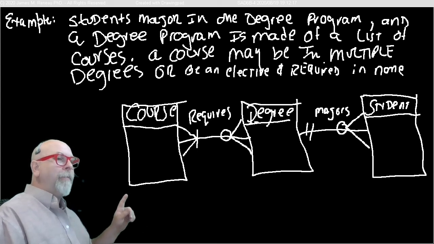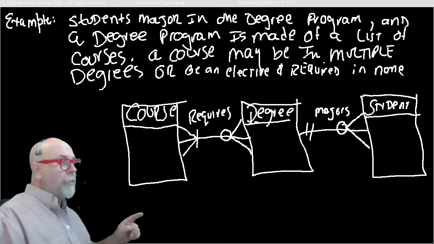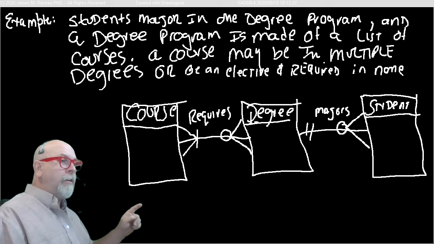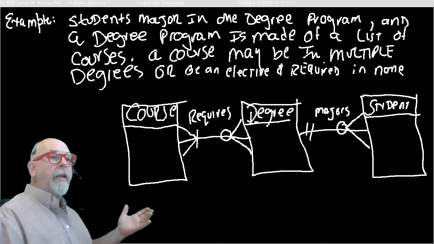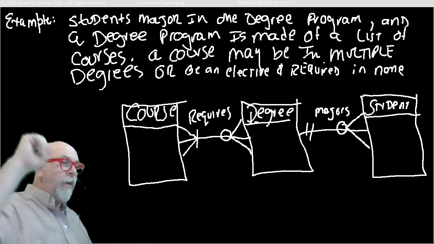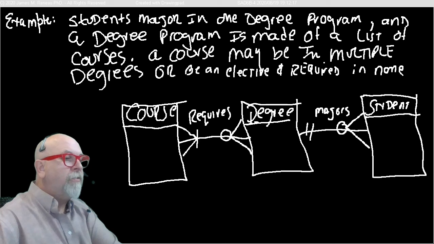No, wait, wrong. A degree requires one or more courses, but a course is required on 0 or more degrees, because a course could be a truly elective course that is not required on any degree, but people still take it at our university because it's an elective. So you can see the relationships, and the relationships were defined by the problem statement. Read the problem statement very closely.